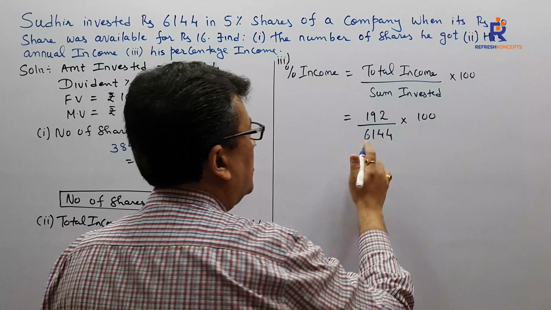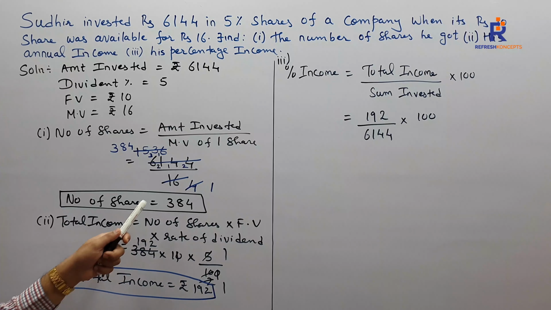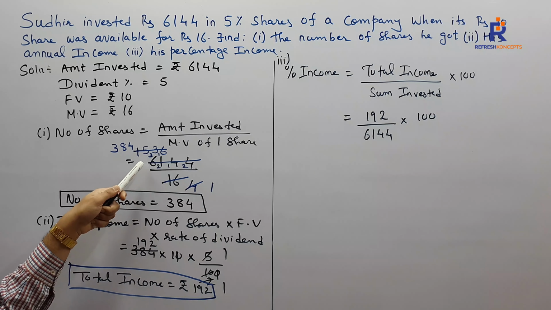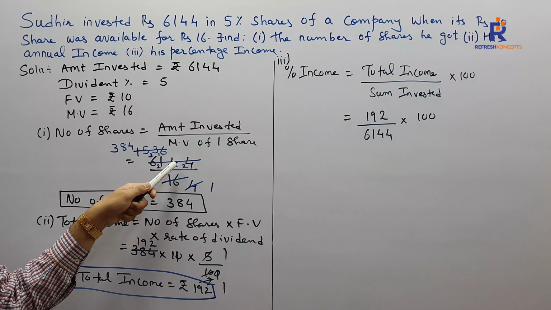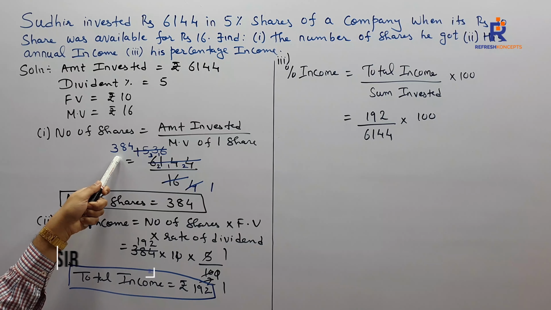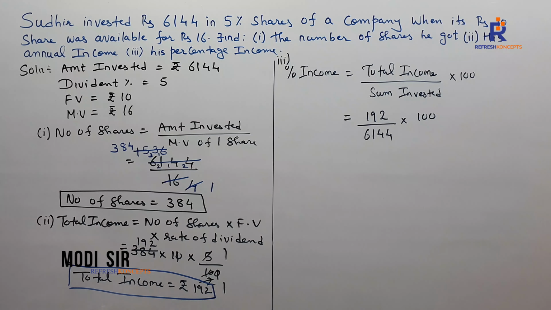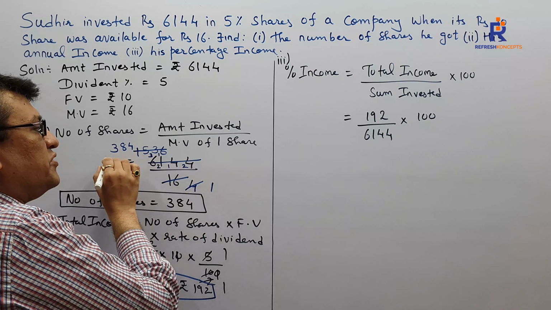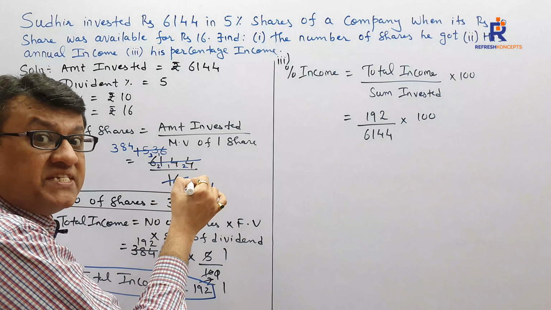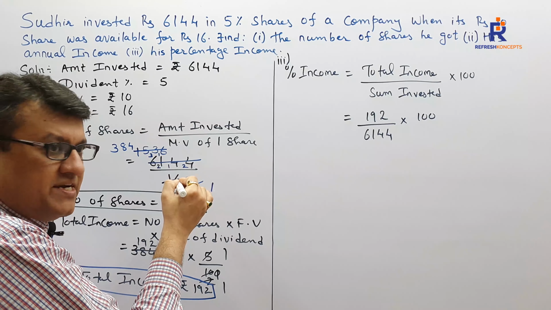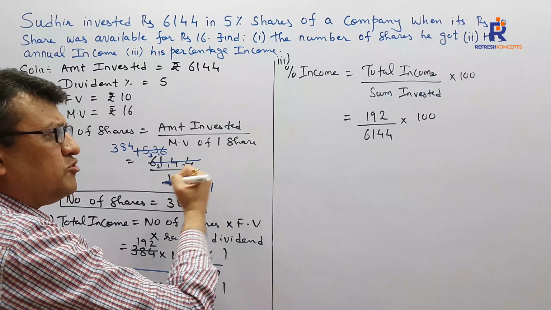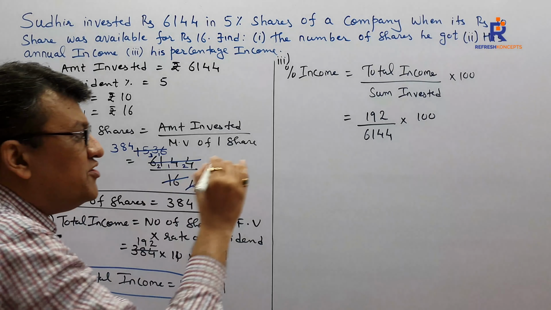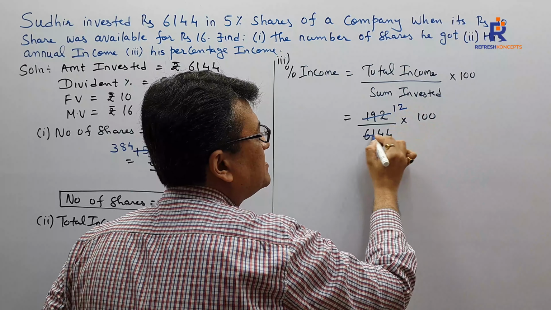Go for cancellation. Now children, here we had 16 1 times 16, 6144. What is the calculation hint? We can take it from here: 6144 by 16, if we do that, we get the answer 384. So what shall work out? 16 1 times 16, 384 times 6144? This is how we save our time in the boards. I know these two are totally different calculations, but take it from here. 16 1 times 16, 384 times 16, 12 times 16, 384 times.